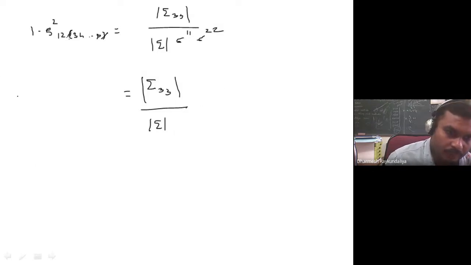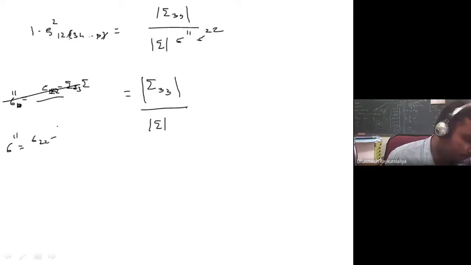ये हम जानते हैं, sigma 1 1 is equal to, we have sigma 2 2 minus, inverse of sigma 1 1 is nothing but we have sigma 2 2 minus sigma 2 3 sigma 3 3 inverse sigma 3 2, okay, into, what is that?